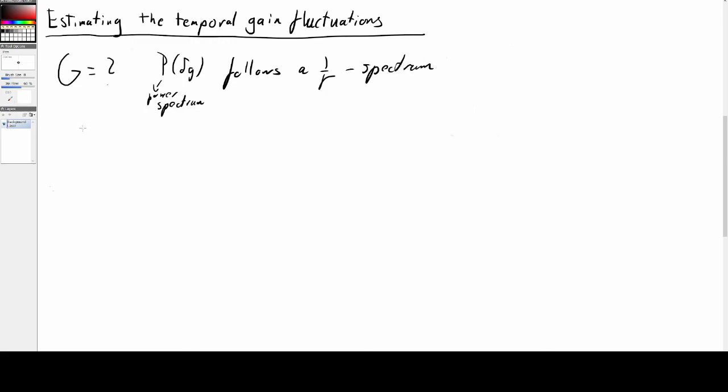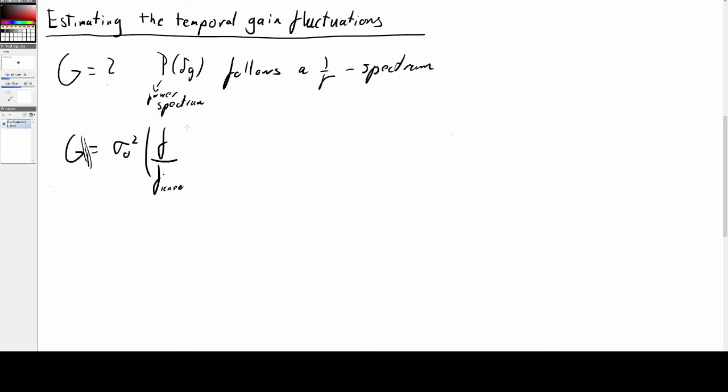And if you've seen the lecture on noise estimation, you know then that the covariance matrix for the correlated noise, and in our case the gain fluctuations, can be written as sigma 0 squared, multiplied by a function of frequency, f over f_knee, to the power alpha.